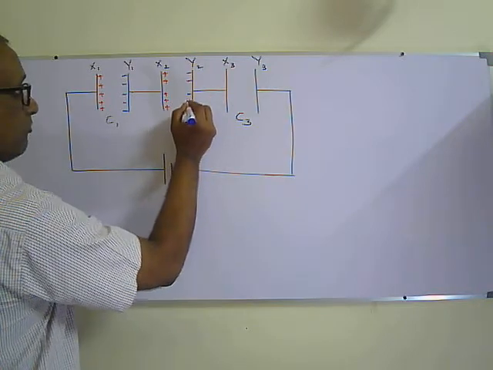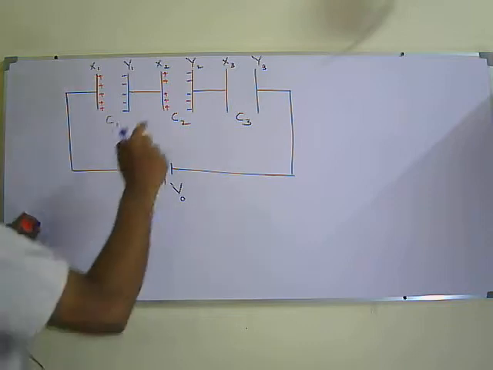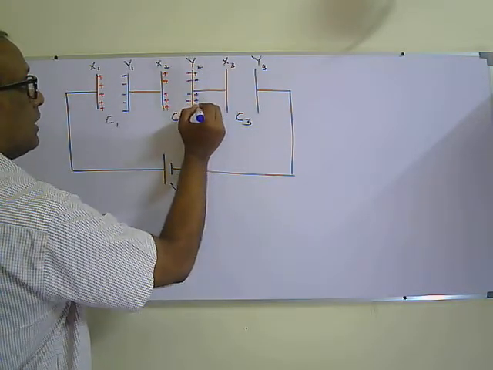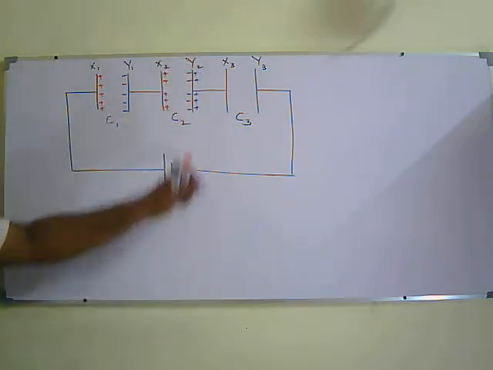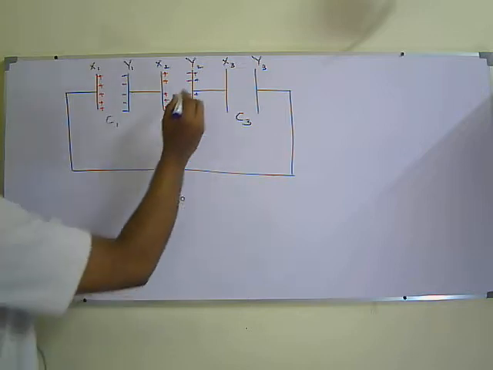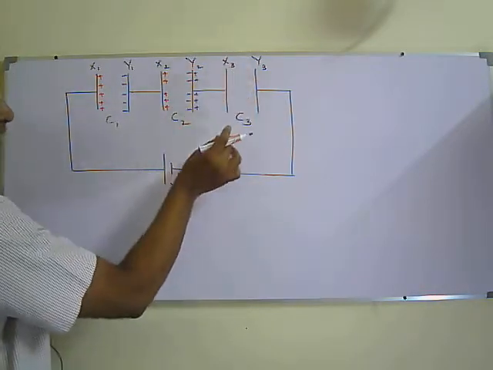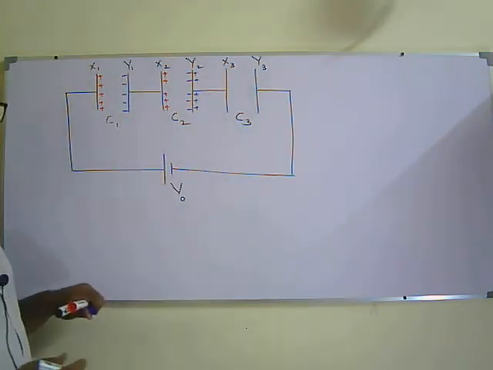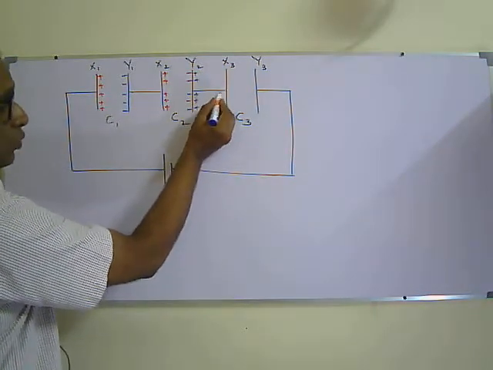So 5 electrons will move to the inner surface of plate Y2 and the outer surface will become positive, consisting of 5 positive charges. Again, these positive charges will attract electrons from the plate X3, which is neutral now, but it's going to lose 5 electrons and they will be attracted towards this one. They'll flow. This is a wire.